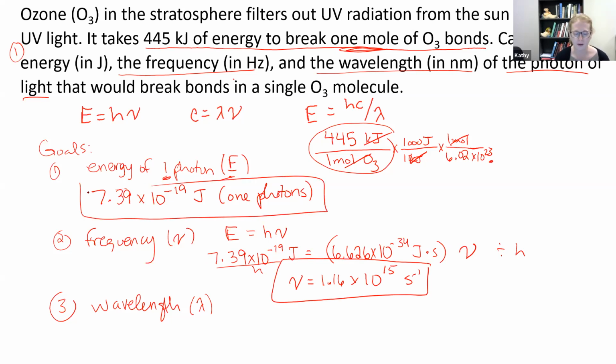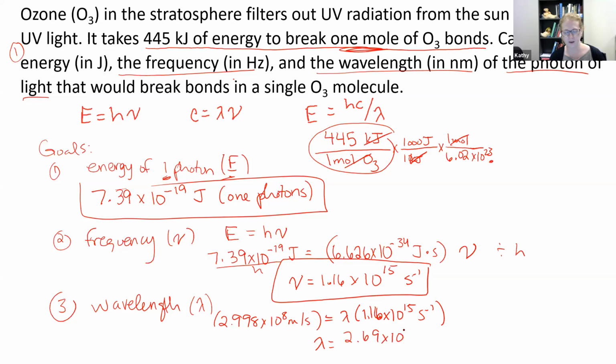Last but not least, wavelength. I know that c is equal to lambda nu, and I know my nu now, 1.16 times 10 to the 15 hertz. So lambda must be 2.69 times 10 to the negative 7, and I know that that comes out in meters, right?